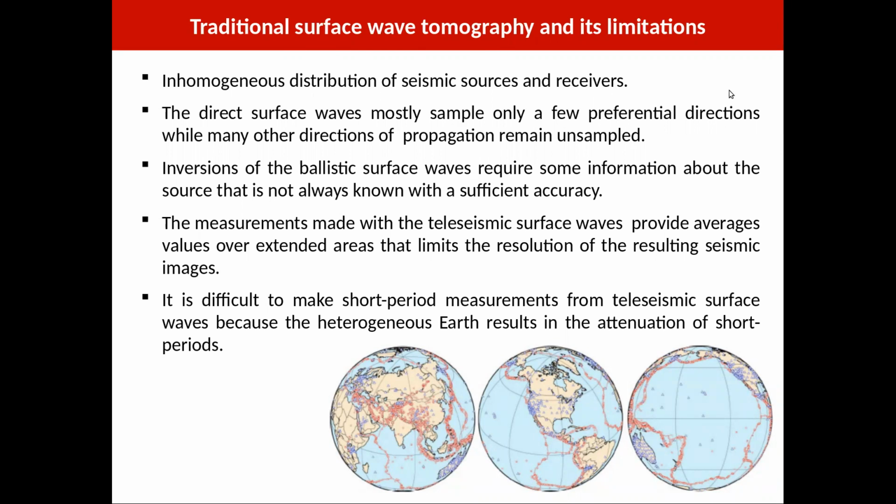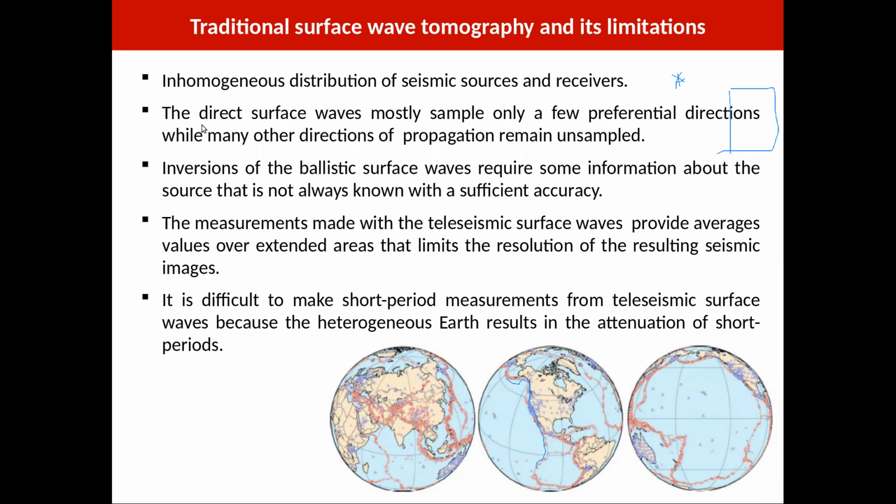Say you are in a country where you need to retrieve a velocity model, but almost no earthquakes occur in your area, then you have to depend on very teleseismic earthquakes. And these earthquakes happen along some concentrated regions, and they are infrequent. The number of strong earthquakes that you can properly record from teleseismic distances is not that many.